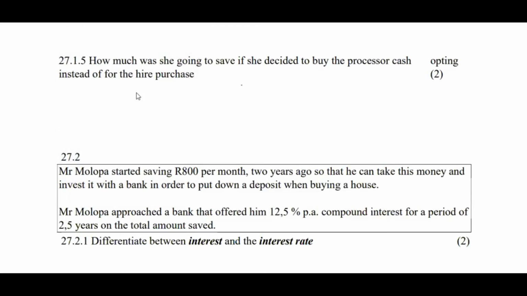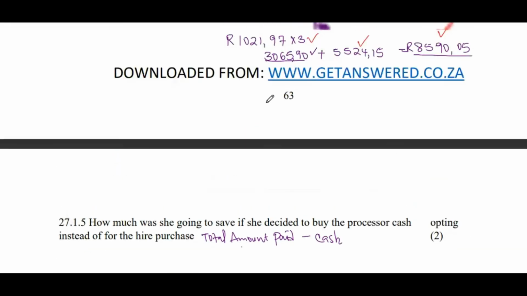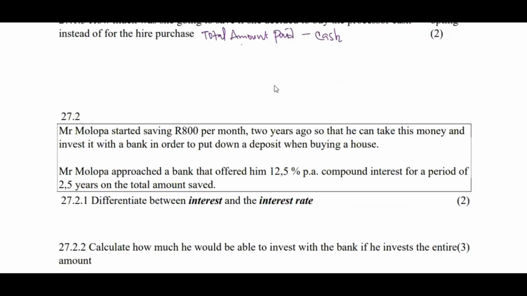So this will be total amount paid minus the cash money. We've just seen that he is going to pay 8,590 rands. The total amount has to include the deposit, because he paid the deposit also.